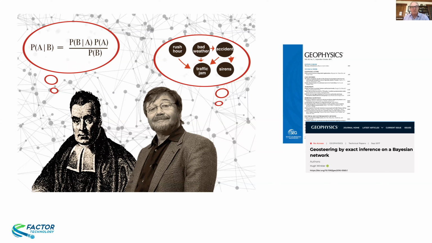But Judea Pearl, back in the middle 80s, was a machine learning researcher, is a machine learning researcher, and has been working on this for 30 years, and formulated a way that we can solve Bayes' rule for these complex, immense networks of random variables.